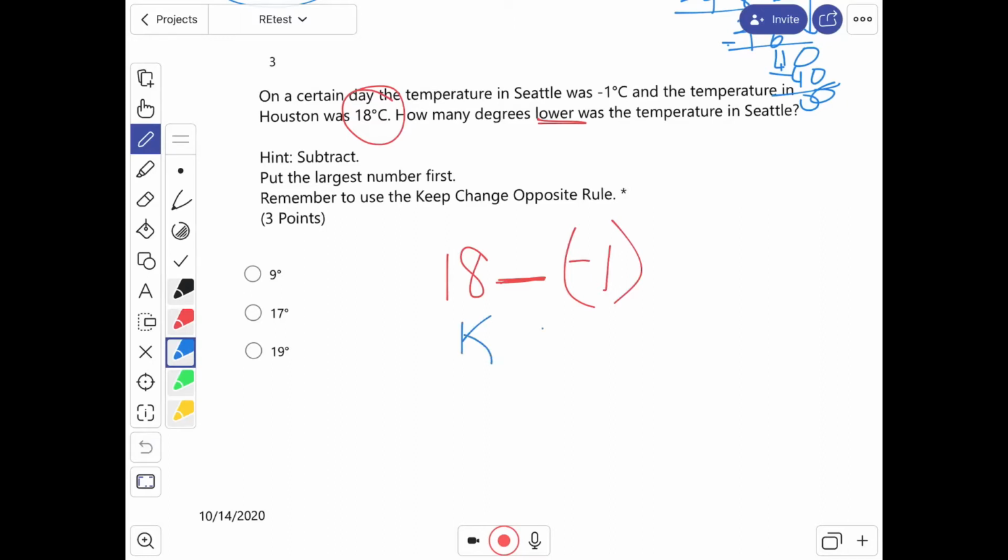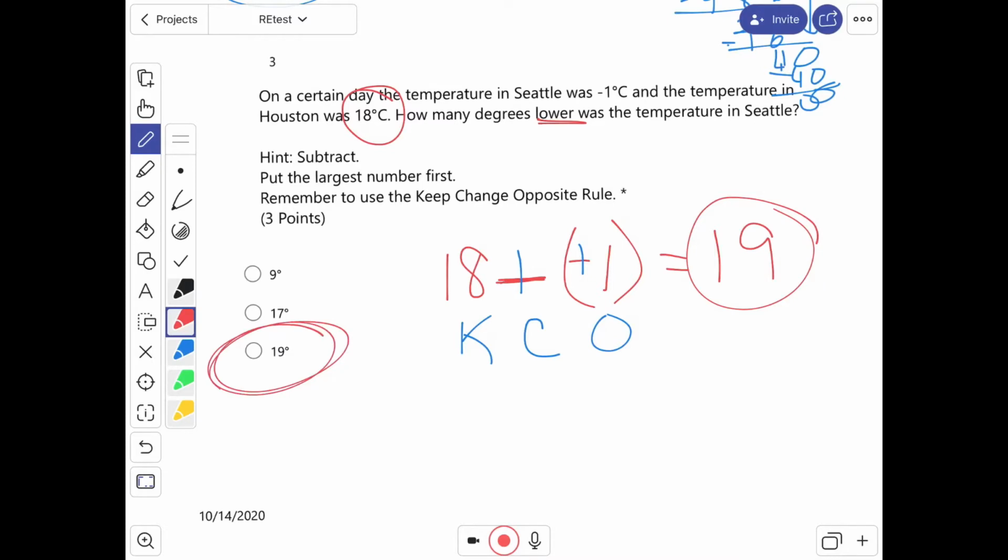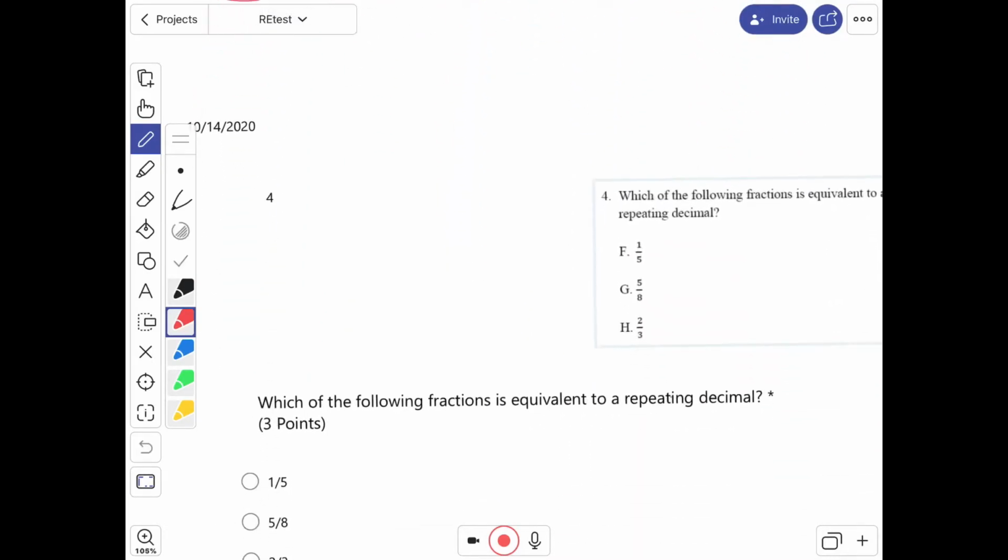When we do that, we're subtracting integers, so we have to remember the rule keep, change, opposite. So I'm going to keep the 18, change that to plus, and the opposite of -1 is +1. So what I'm really doing is adding 18 plus 1, which makes 19.